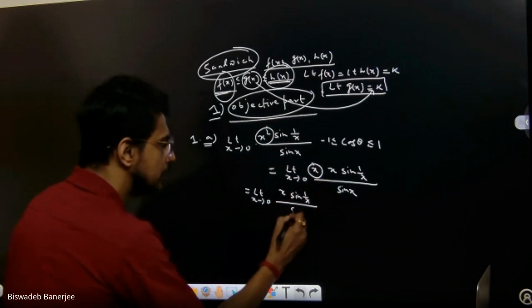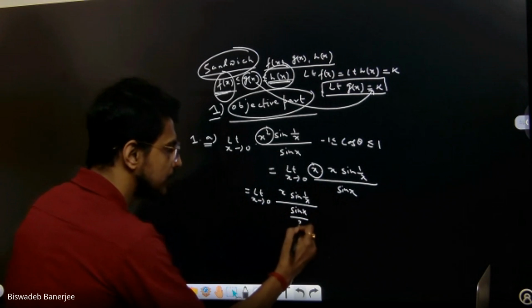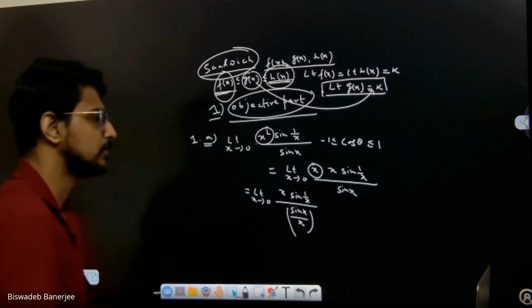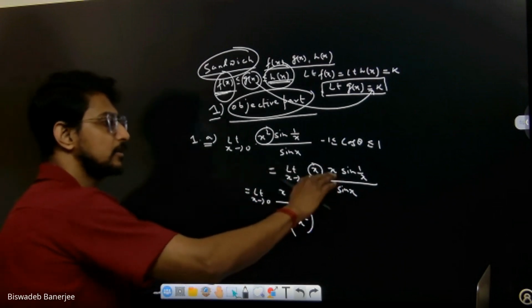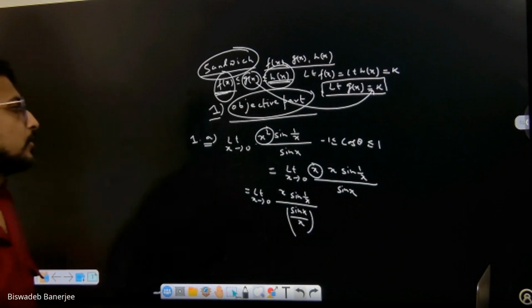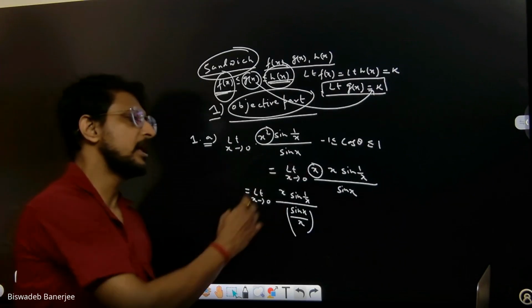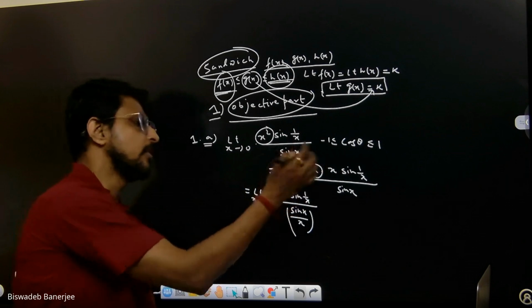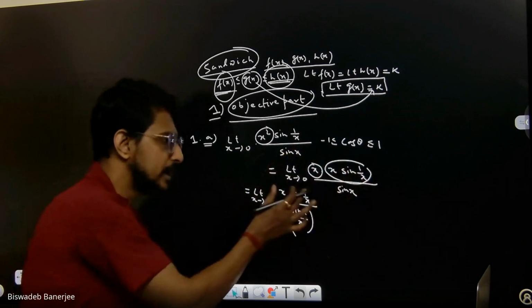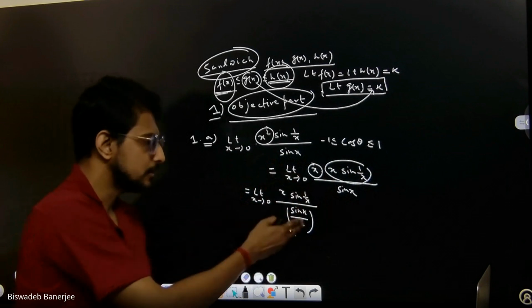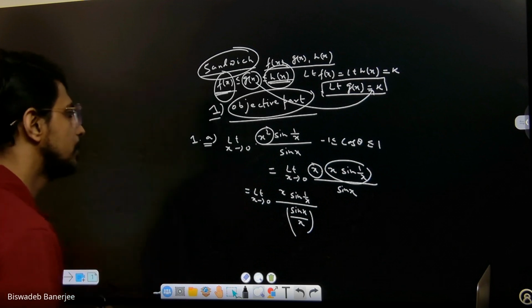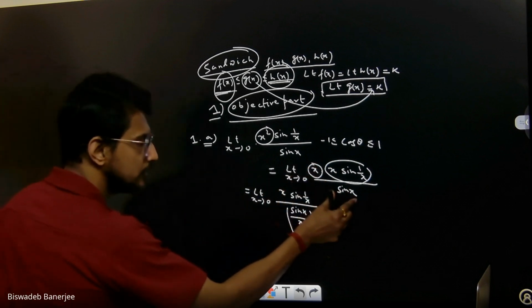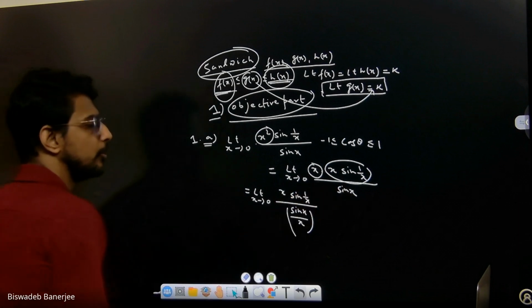We are taking this x to the denominator. The x sine 1 by x remains as it is. This comes from the division rule. From the division rule, you can take this x to the denominator of sine x.